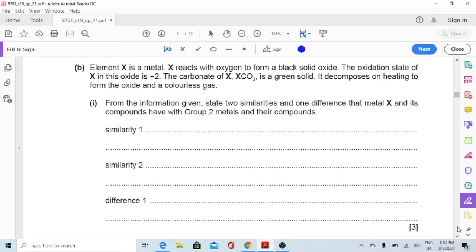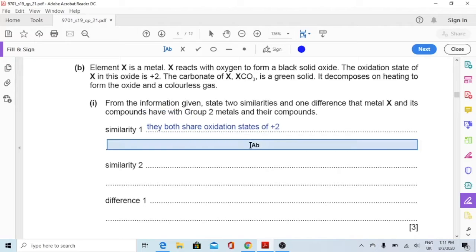Okay, so element X has an oxidation state of +2, and group 2 metals also have an oxidation state of +2, so that's one similarity. I'll write that over here. They both share oxidation states of +2. That's one similarity.